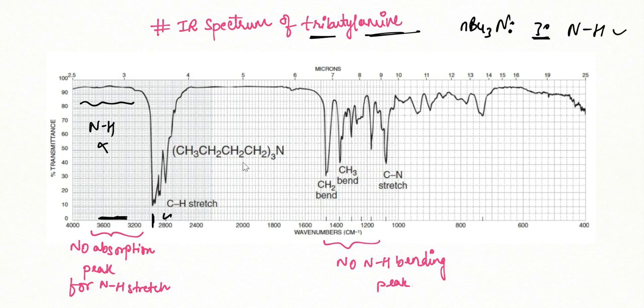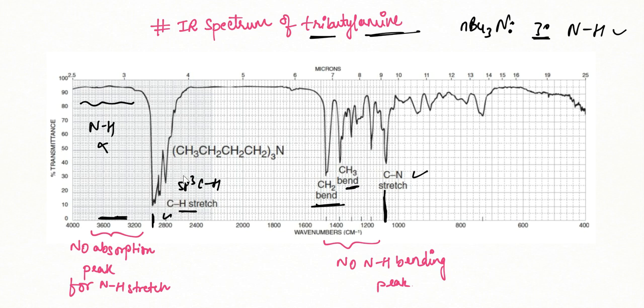So all of the hydrogens have to be sp3 carbon hydrogens, right? So all the CH stretching is definitely for the sp3 carbon hydrogen stretching. Similarly, for CH2 bending, we are going to see it around 1475 to 1500. For CH3 bending, it is 1350. Now also we can see the carbon nitrogen stretching frequency, which is around 1100, 1150 to 1200 basically.